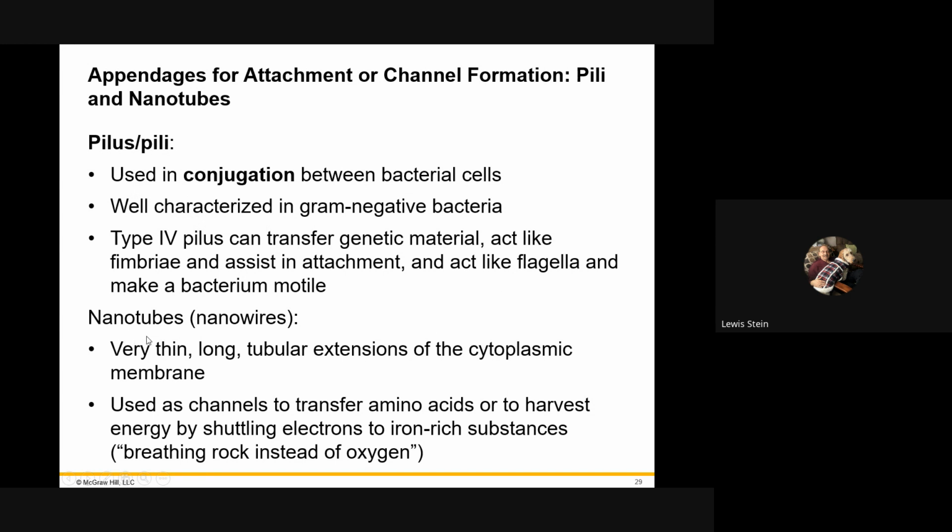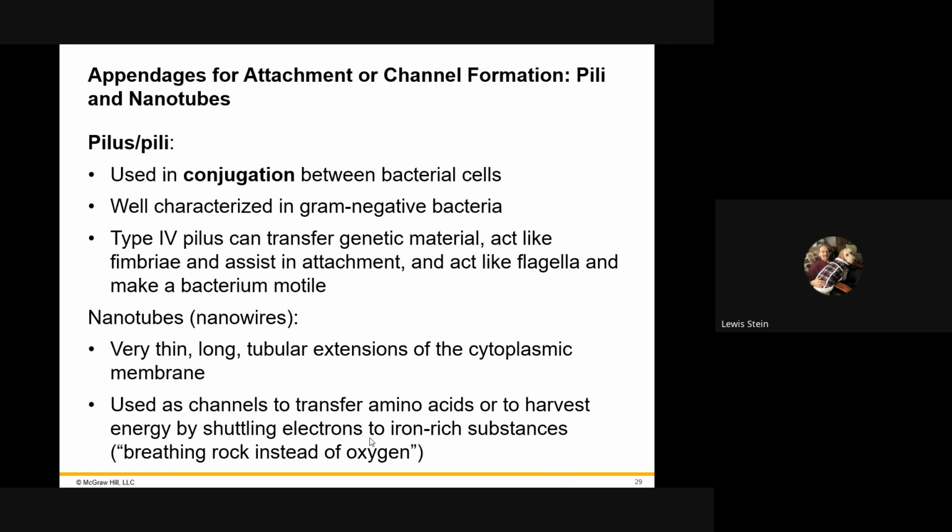As you can see, there are little tubes and things like that. And even here, within these little channels, in extensions of the cytoplasm, they kind of gobble up iron-rich substances. Bacteria have a tendency to do that. They thrive on that.